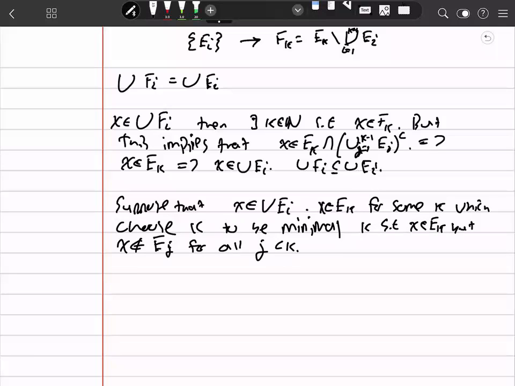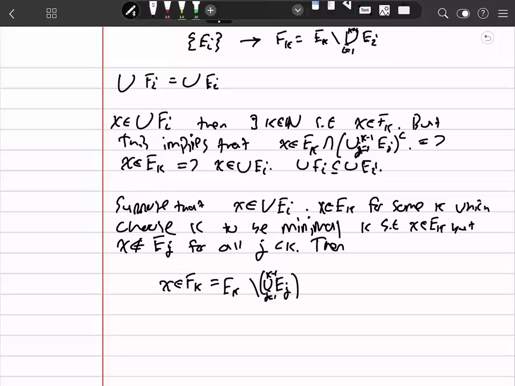This is important because then we can say X is in F sub K, which is equal to E sub K set minus the union from j equals 1 to k minus 1 of e sub j.